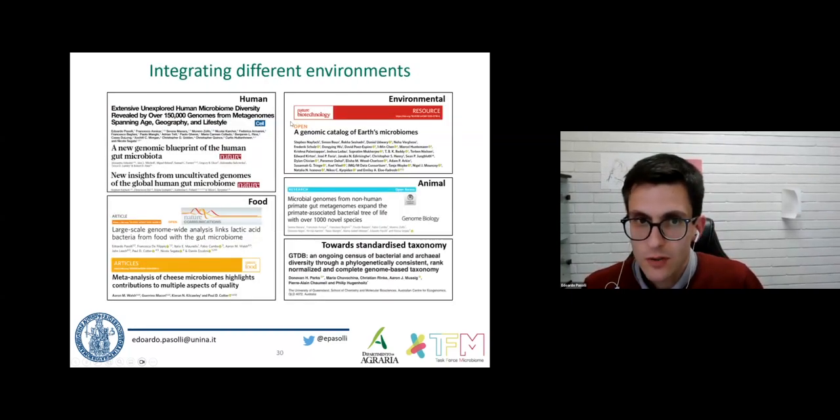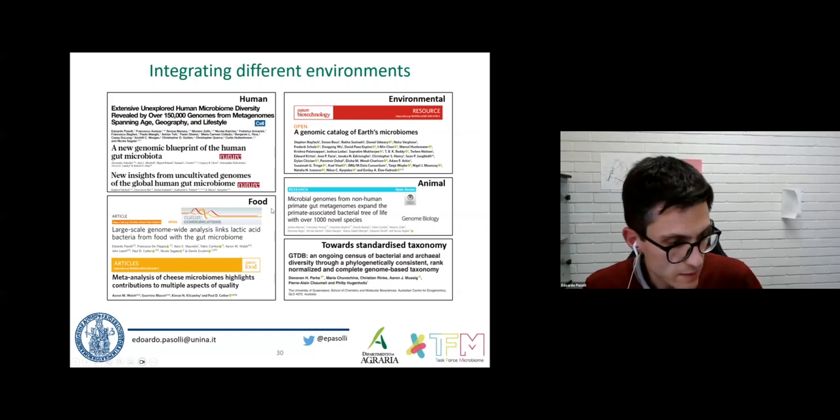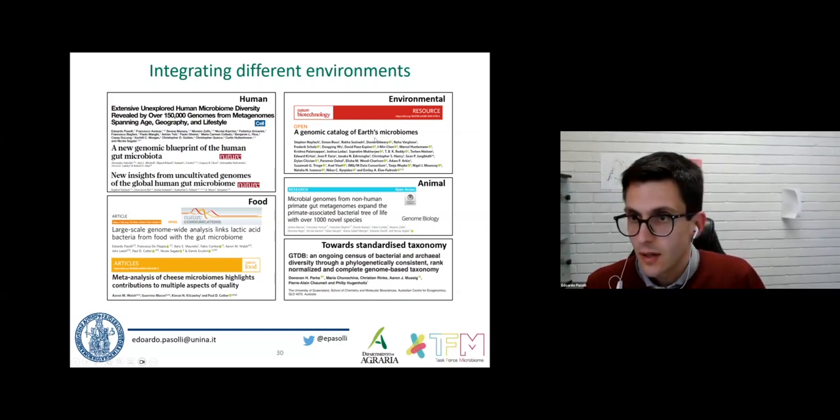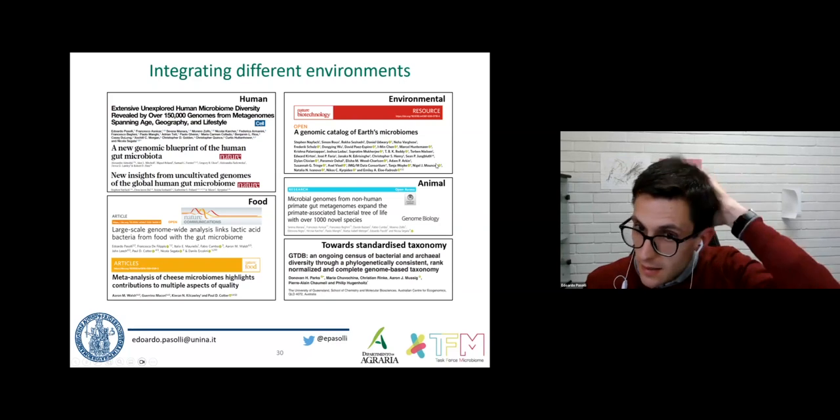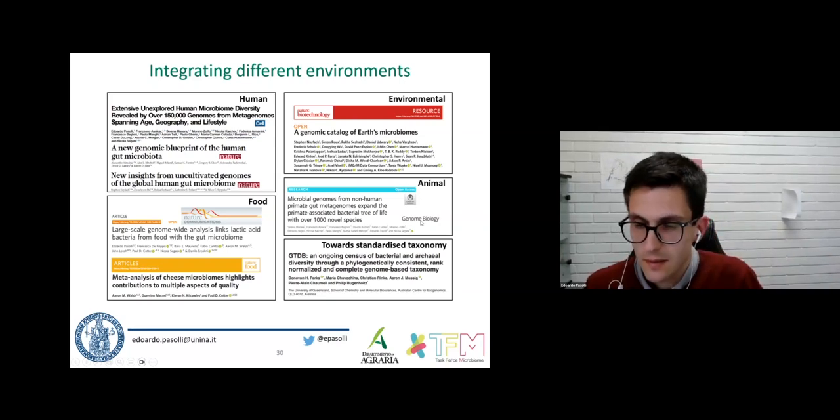This approach can also be used in other environments and also to perform integration across different environments. For example, other papers in the human field, but we and also other people investigated the characterization of the food microbiome. We can also have environmental studies and animal studies, and there is also at this time a standardized taxonomy.